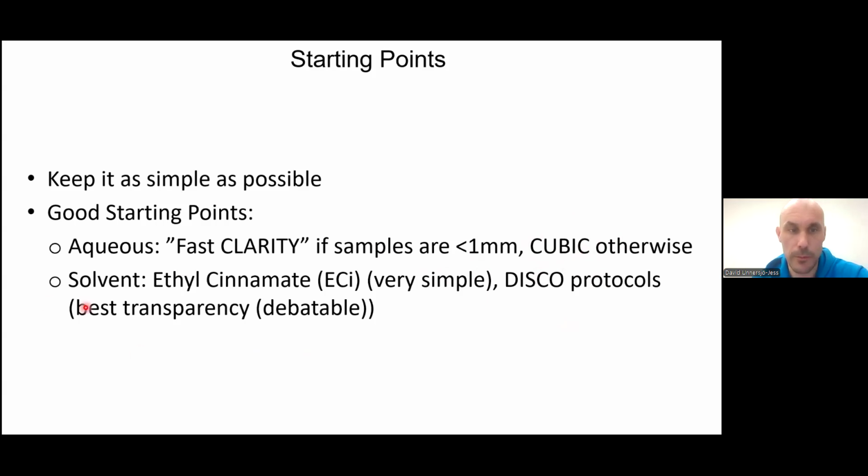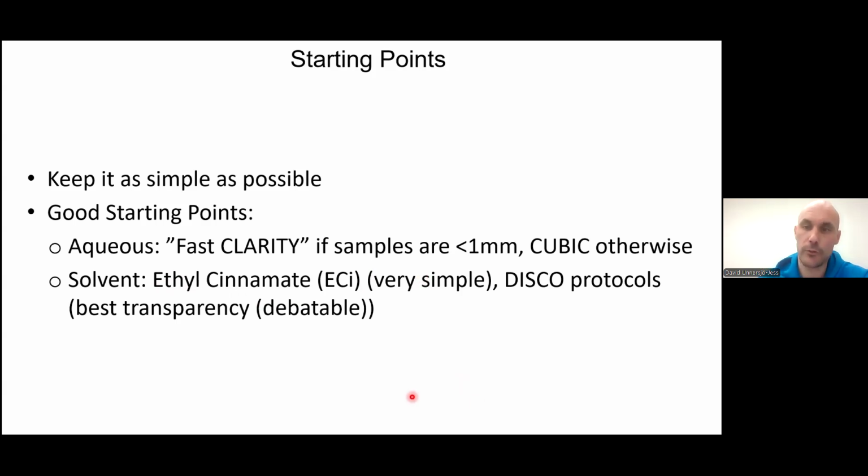When it comes to the solvent-based protocols, ethyl cinnamate is a very simple starting point. It is completely non-toxic also, which is nice. You basically just dehydrate your sample, put it in ethyl cinnamate, and then you have a transparent sample.